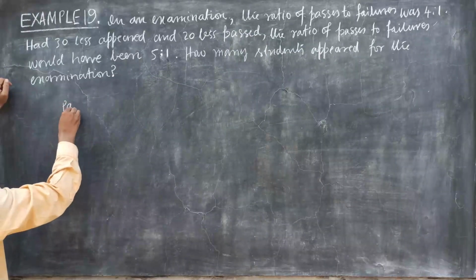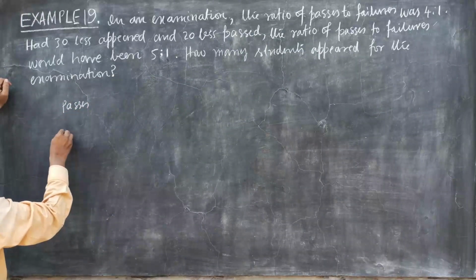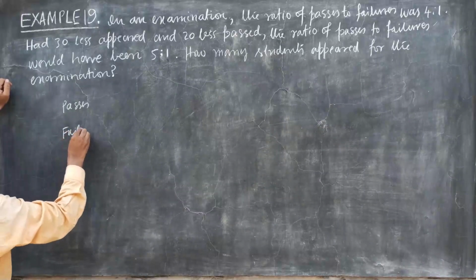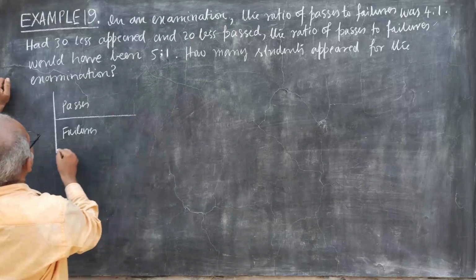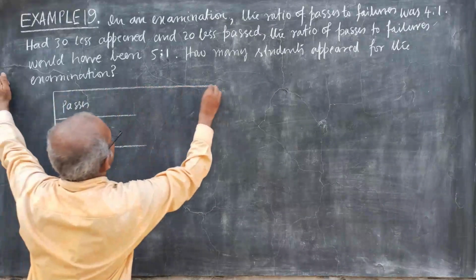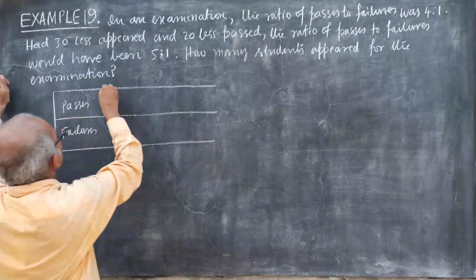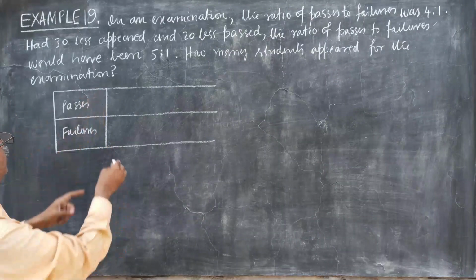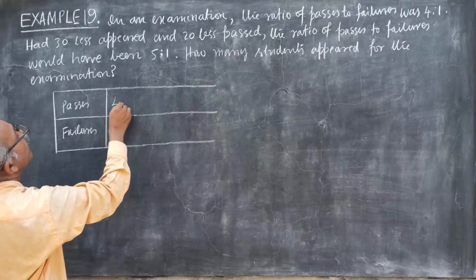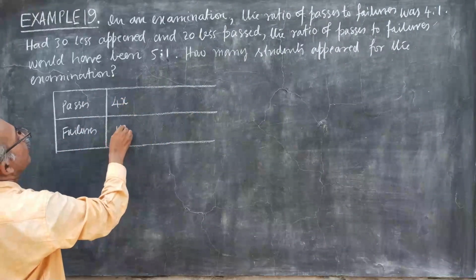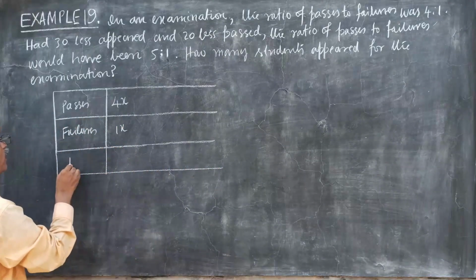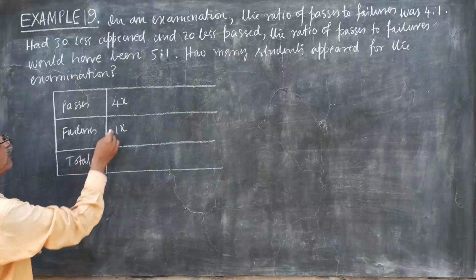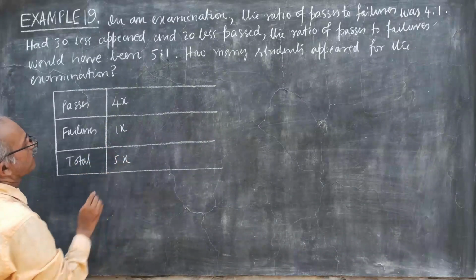So the ratio is 4:1. Let it be 4x and 1x. We shall also find the total number of students. That is 5x.